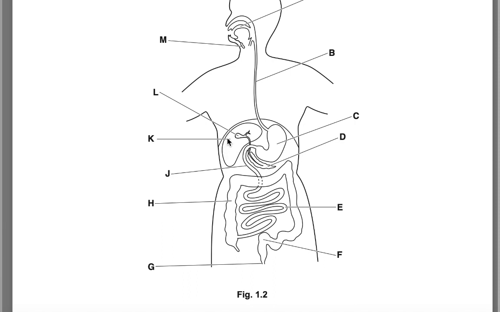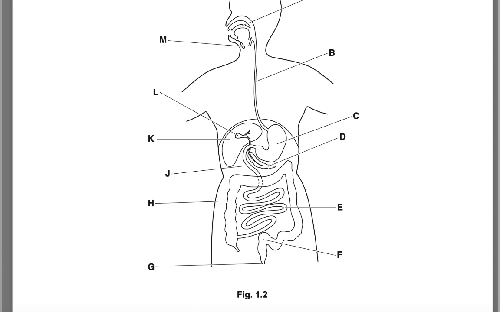This K is the liver. The gallbladder is L. So these are the two letters.